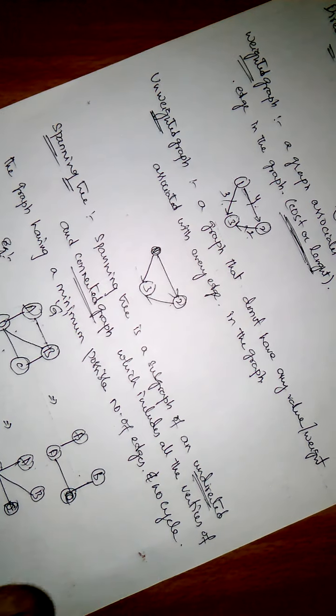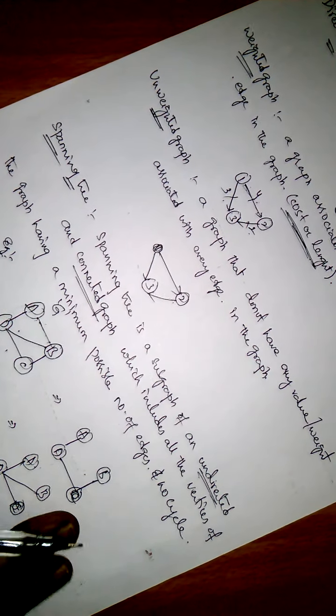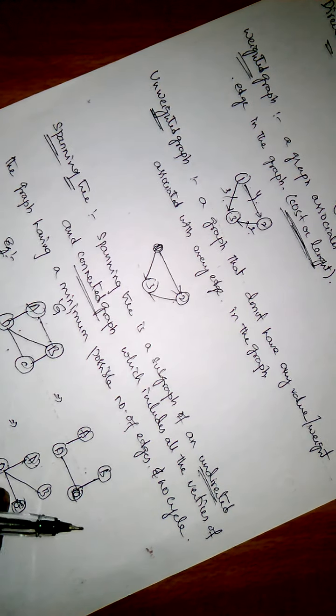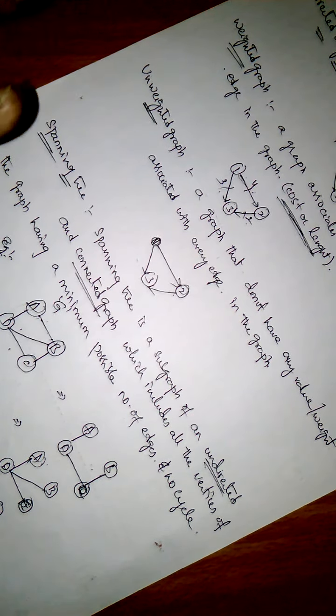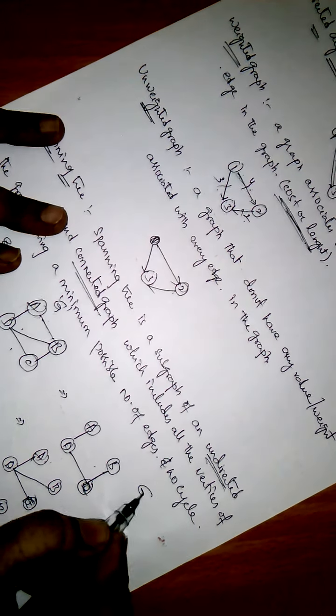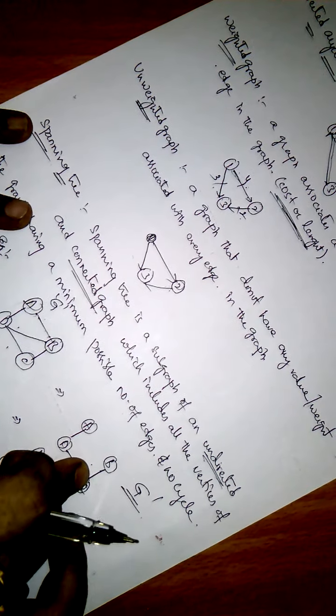The spanning tree should contain all the vertices, but it may not contain all the edges. But again, the spanning tree should also be connected, and there should be no cycle in the new graph G dash. Okay, this is called a minimal spanning tree.